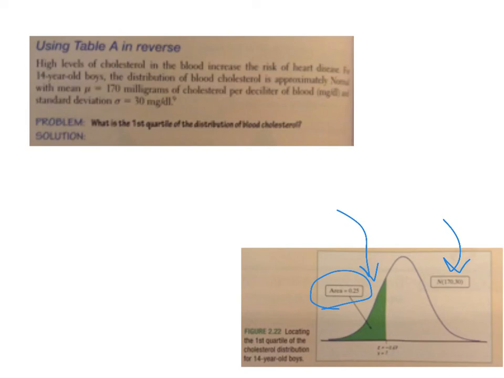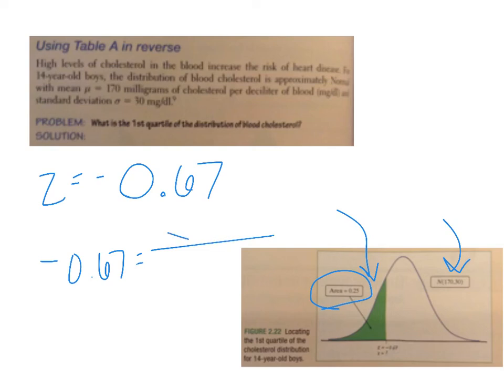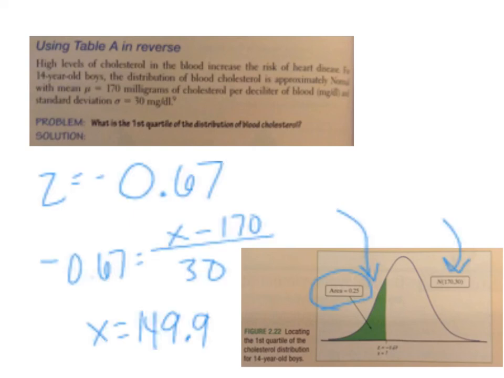And when I find 0.25, that correlates to a z-score of about negative 0.67. Okay? So when I plug that back into my z-score equation, negative 0.67 equals my data point minus my mean of 170 over 30. And now I solve for x. X is equal to 149.9.